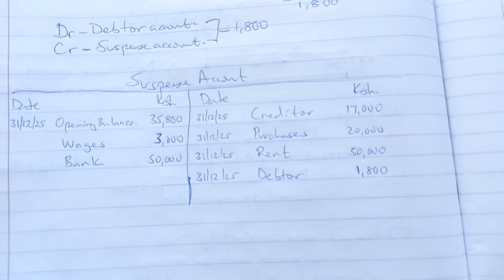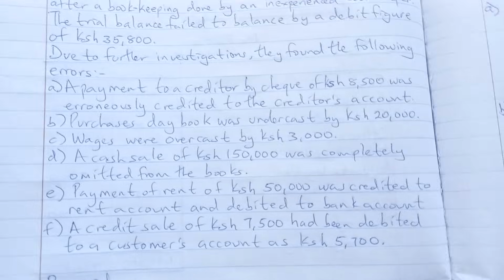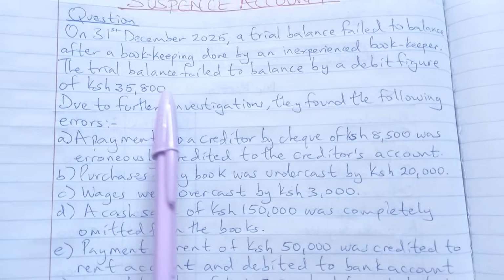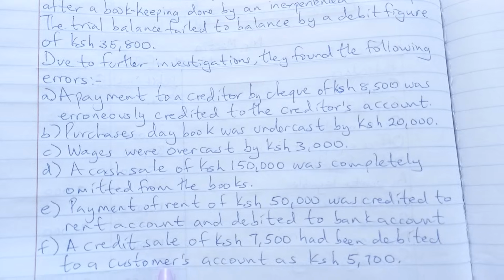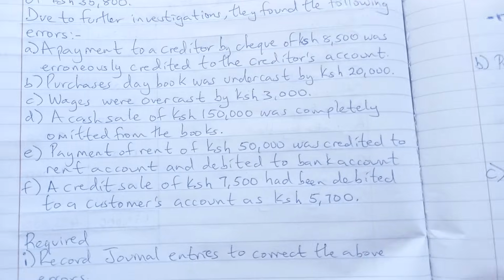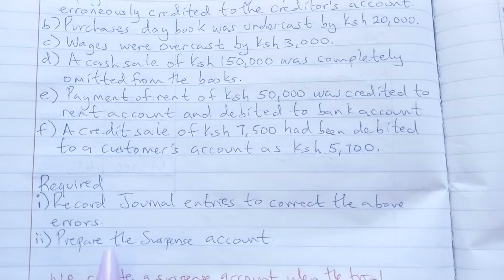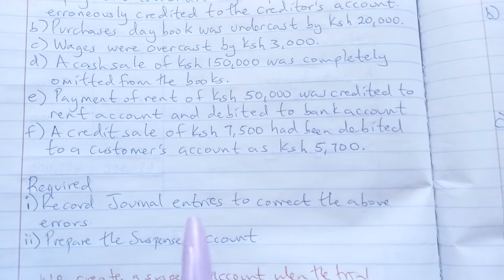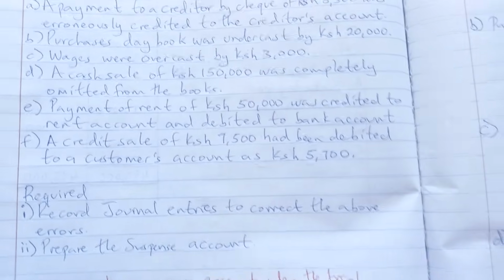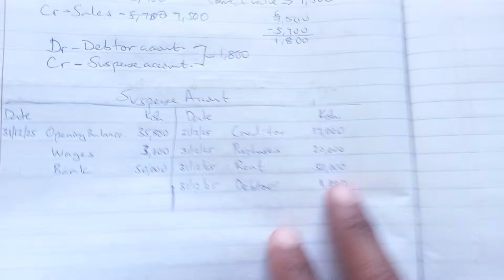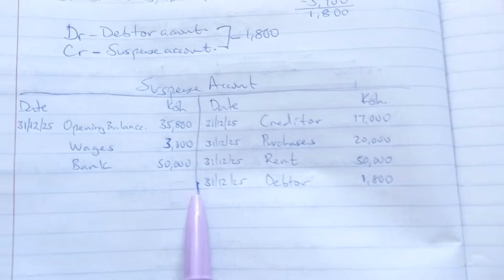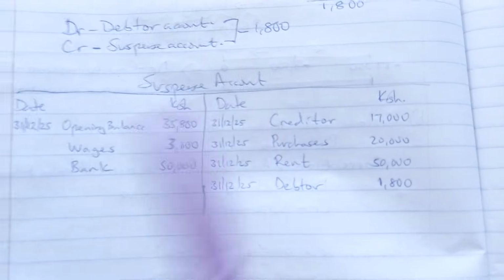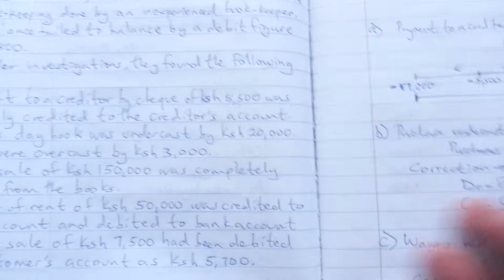In an examination, when you are given an opening balance and the investigations, and you've done the corrections, the moment you prepare the suspense account and look for the balance, the balance should be 0. Let me explain.